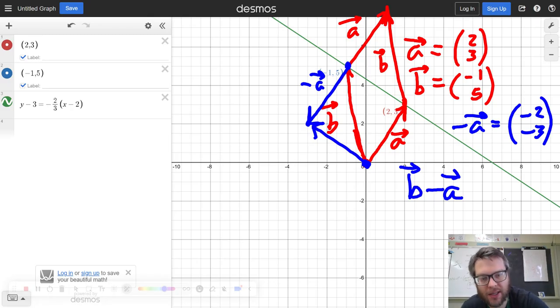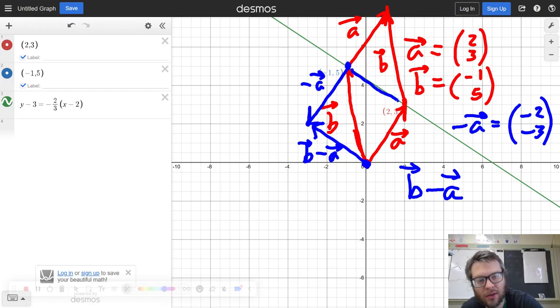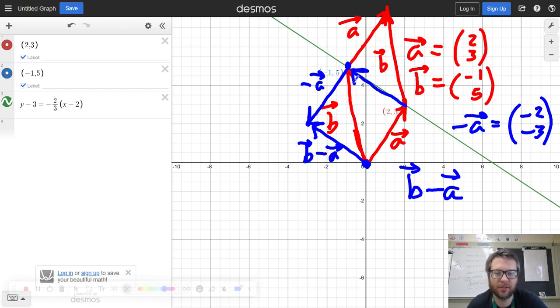And you can see that that gets me this vector down here, vector b minus vector a. And you can also see that that end result down there is parallel to the line that I'm trying to find. And because I said that we can translate vectors around, the line itself also contains the vector b minus a.